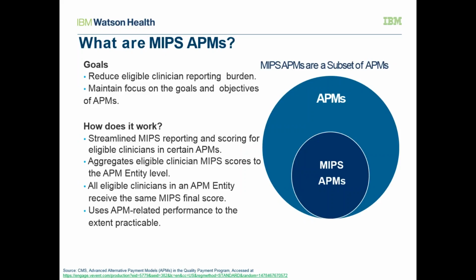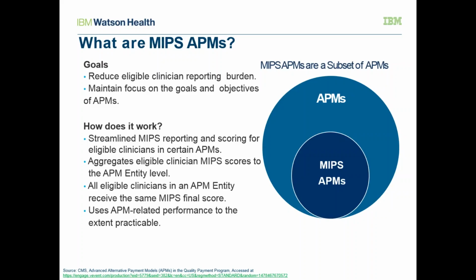I think an important part of this is to recognize that MIPS APMs and advanced APMs are actually a subcategory of all the APMs. So again, MIPS APMs reduce eligible clinician reporting. It's really about decreasing burden. CMS has heard for many, many years, especially since PQRS, meaningful use, and now the value modifier have been out there, that there is so much burden on our physicians and our healthcare organizations to report.